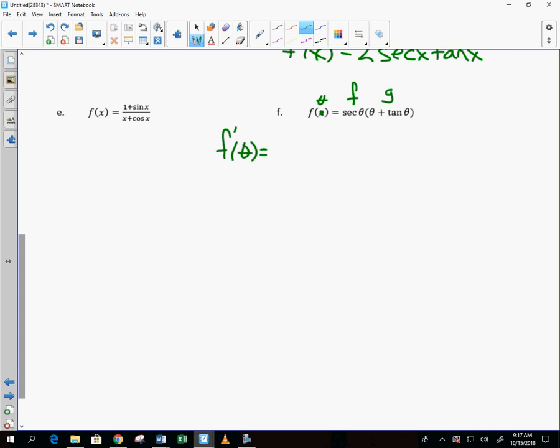So what's the derivative of secant of theta? Secant of theta times tangent of theta, times G left alone, which is theta plus tangent of theta.